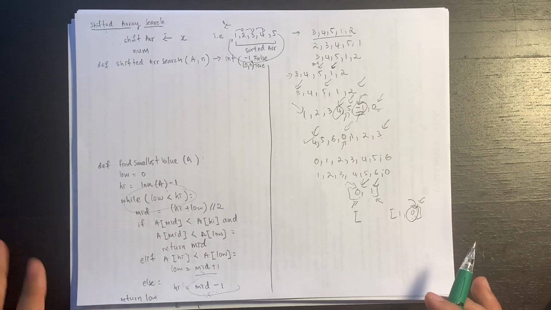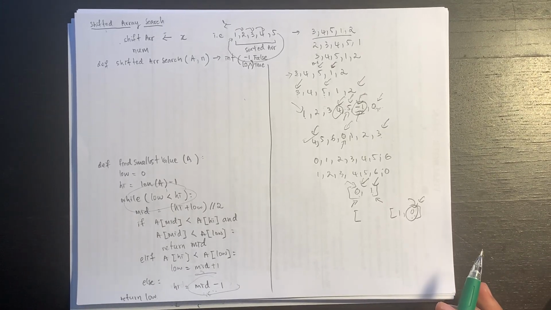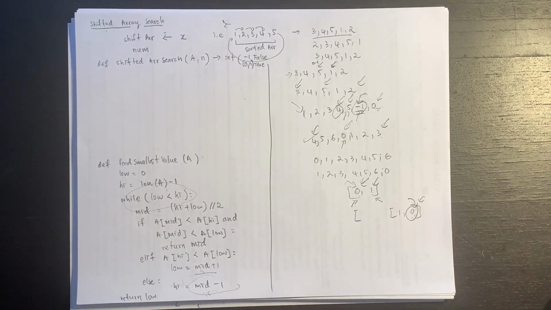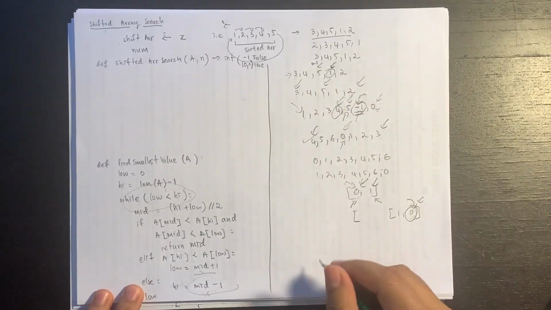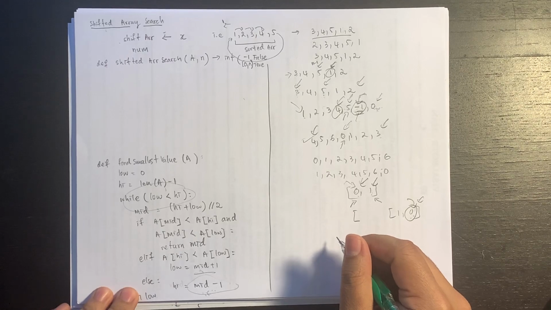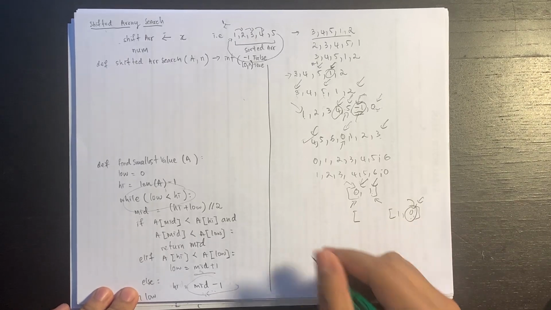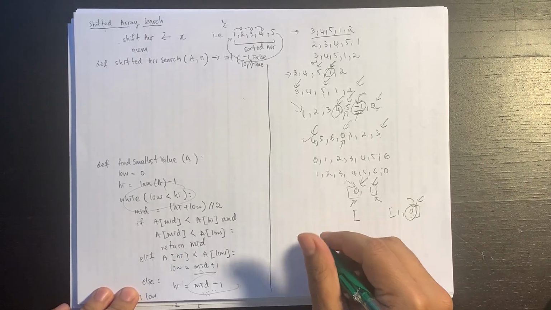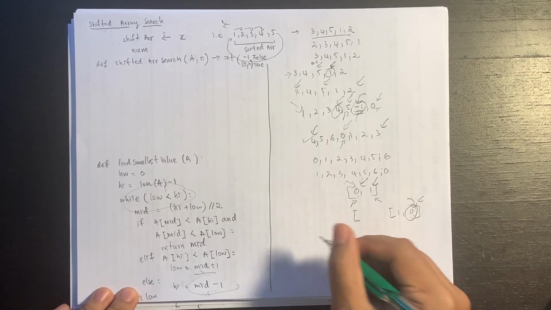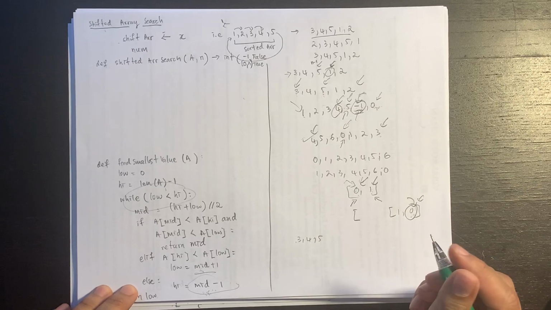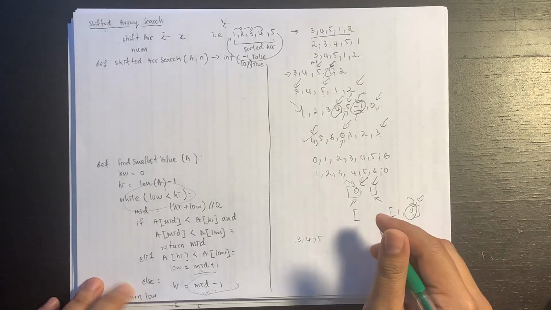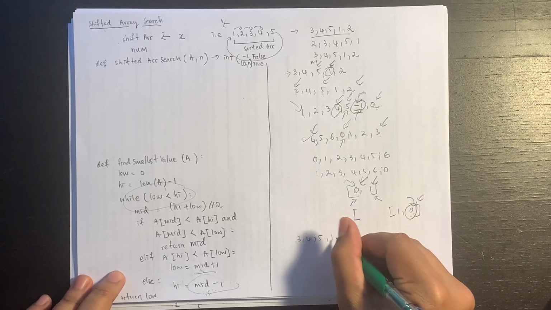Alright, shifted array search. Let's say that we know where the start is. So let's say that we have 3, 4, and 5, and then we have 1.